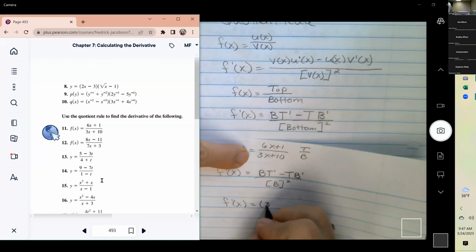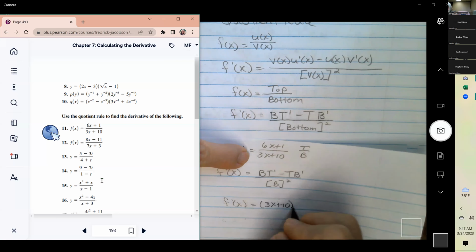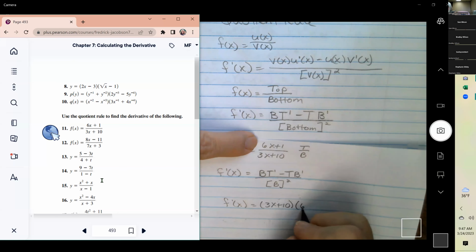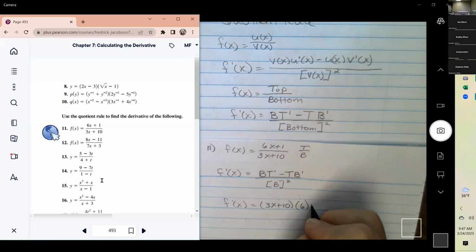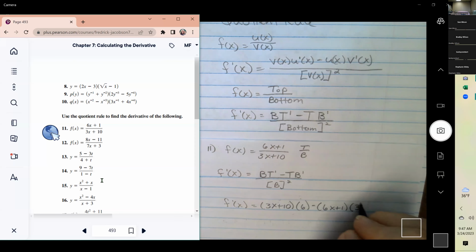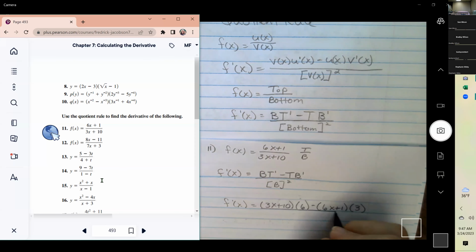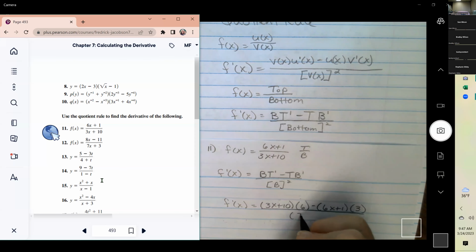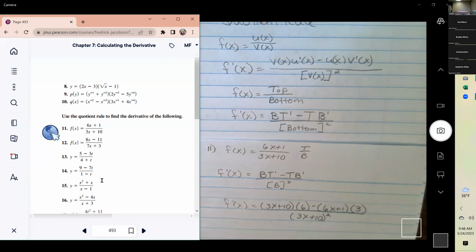Bottom 3x plus 10. Derivative of the top 6 minus the top times the derivative of the bottom 3 all over 3x plus 10 squared. Any questions on that? On a test, you can stop there and plug in. You do not need to simplify it.